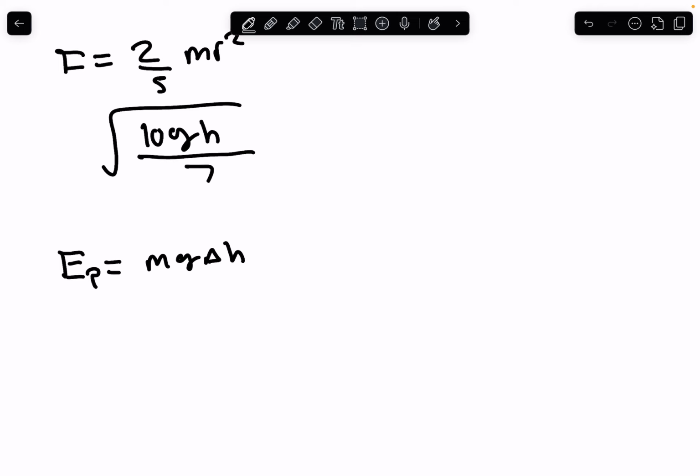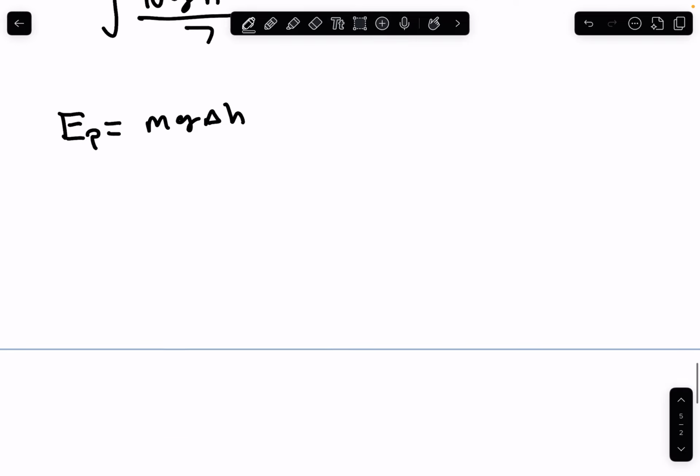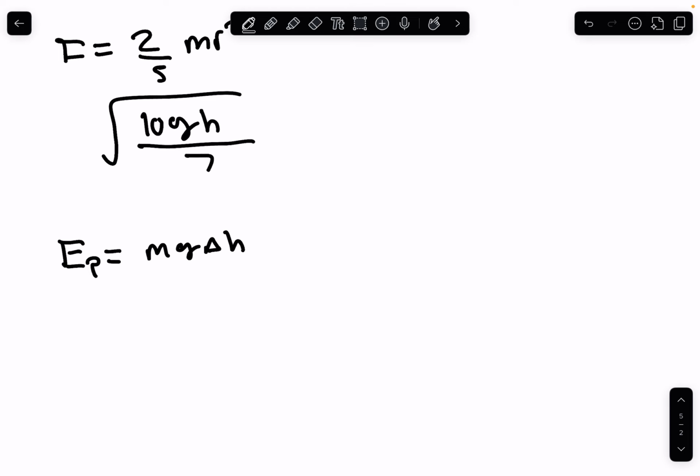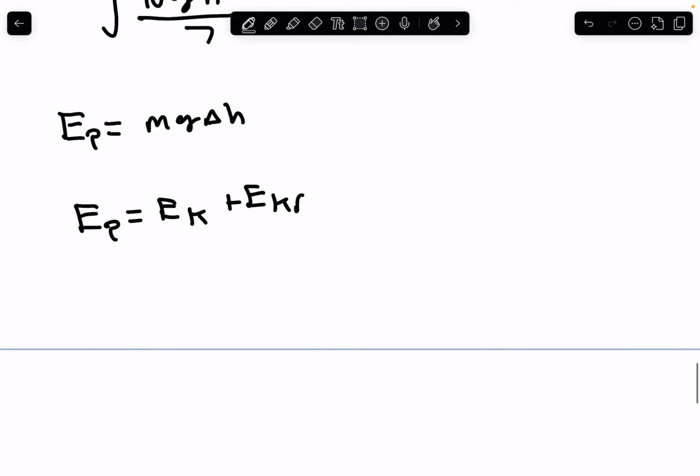And at the top you're at rest, so you don't have any kinetic energy or rotational kinetic energy. But at the bottom, that potential energy will be converted to both rotational and translational kinetic energy. So you now have to equate all three. So EP equals EK plus EKR, which is rotational kinetic energy.